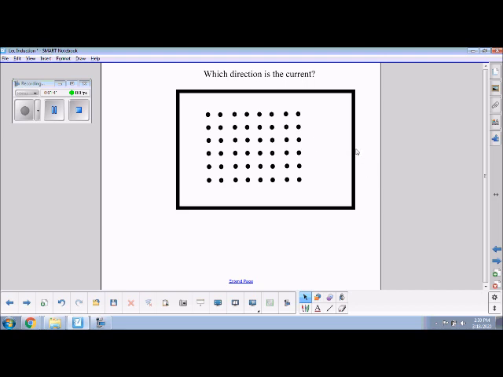So it would create a current upward over in this region, so that the magnetic field created from that current would be out of the board, and it would try to keep it the same strength. Basically, it's trying to resist change. Don't think of it as momentum or inertia, but it is resisting any change in that magnetic field. And that's how you determine the direction.